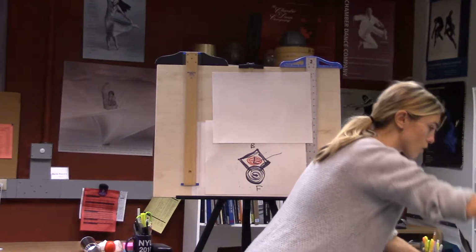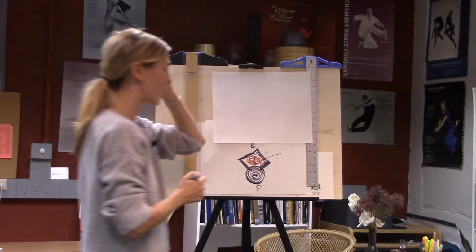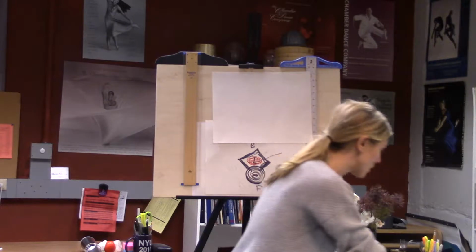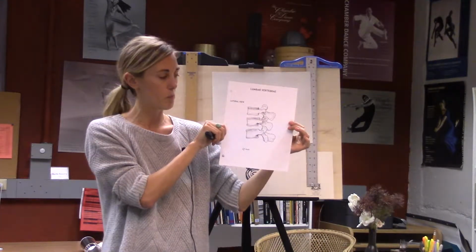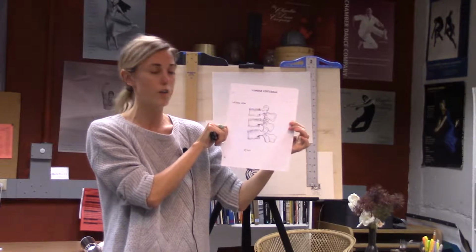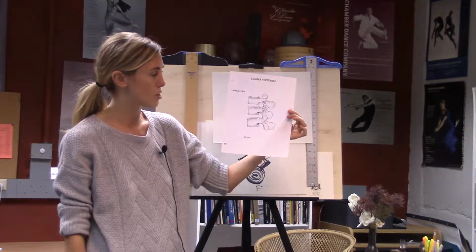So let me try to stick with the same colors. So now I'm looking at the side, take a look at this one. I have an image of the lumbar vertebra, because that gives you a really nice clear side image.